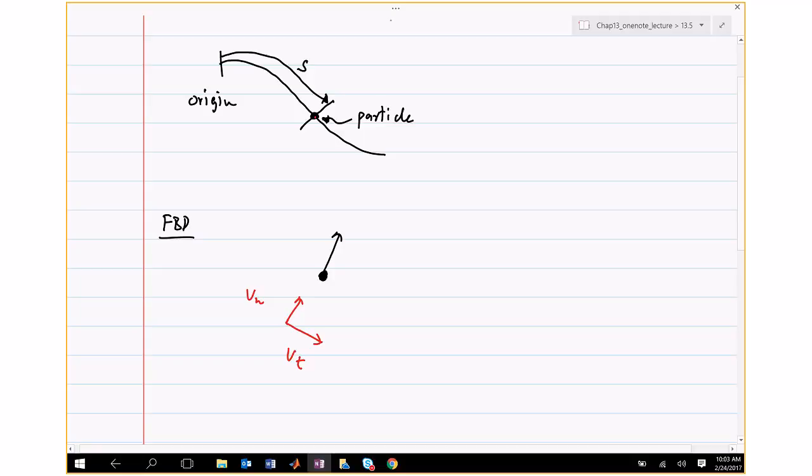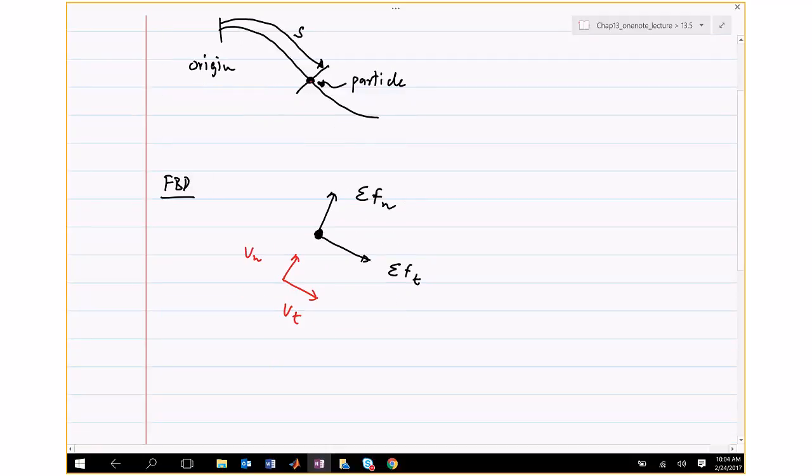Okay, so once I specify that, I write forces in the normal and tangential direction. Okay, so this will be forces which are external to the particle, not internal.